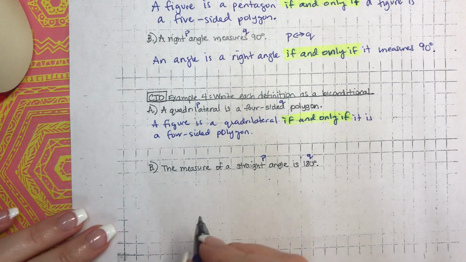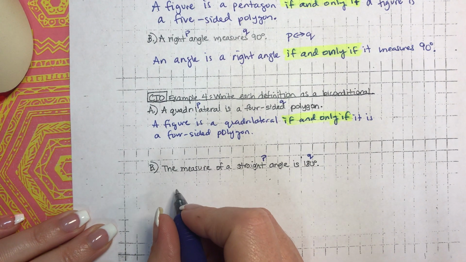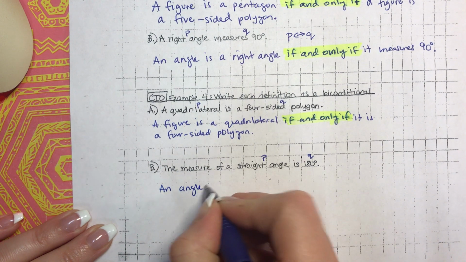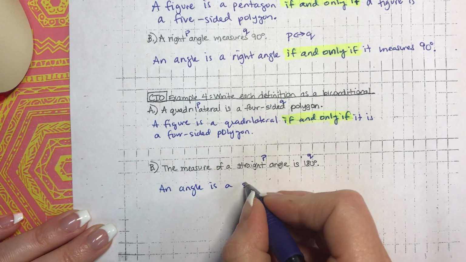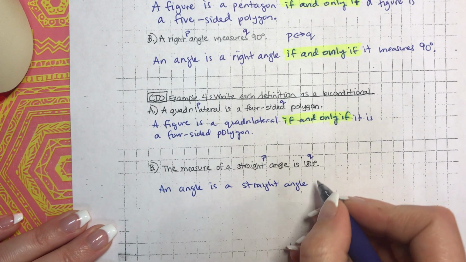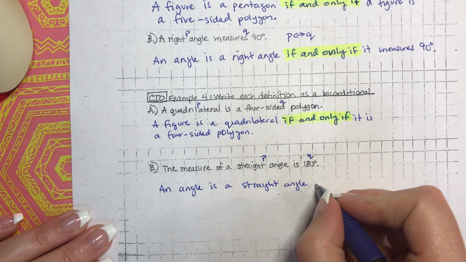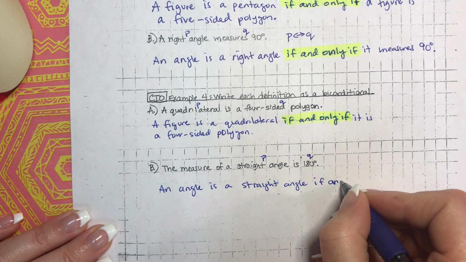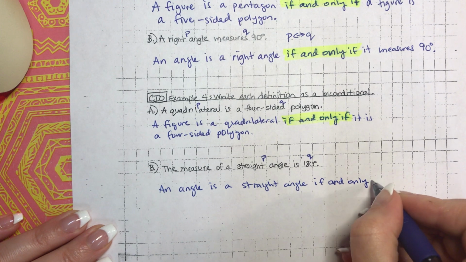So we're going to say an angle is a straight angle if and only if its measure is 180 degrees. I like saying that. If and only if.